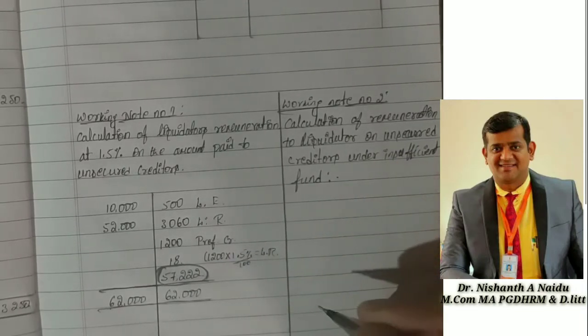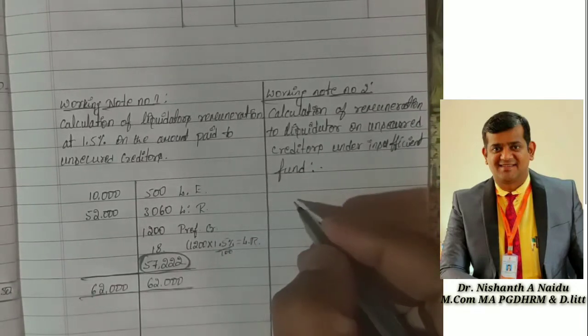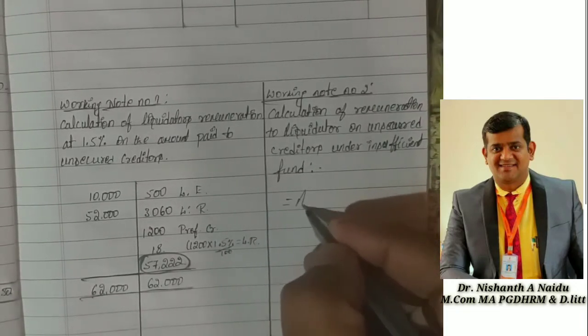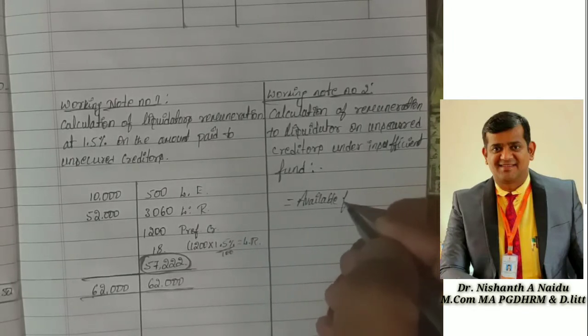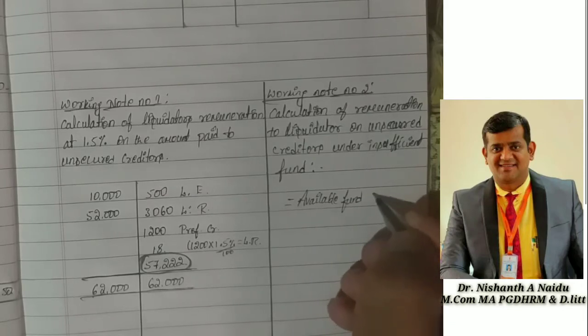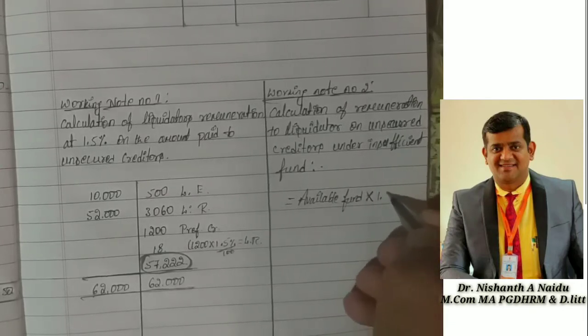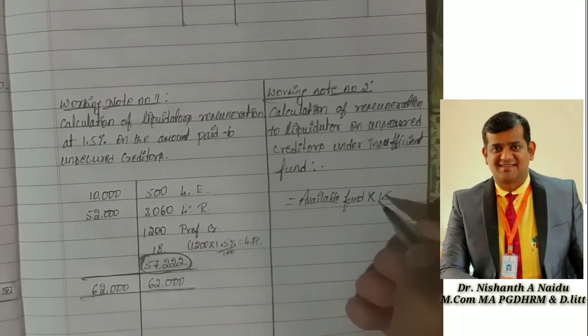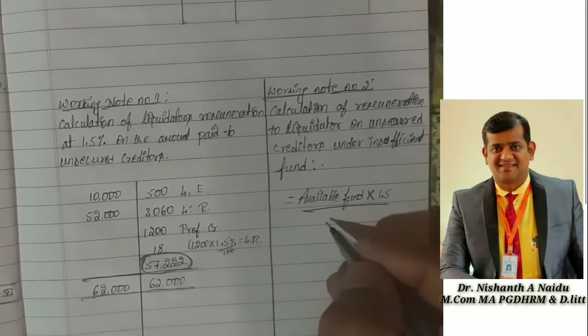When the fund is insufficient, we are going to apply this. So for this, what is the formula? Formula is available fund into percentage of liquidators remuneration, 1.5, divided by 100 plus percentage.